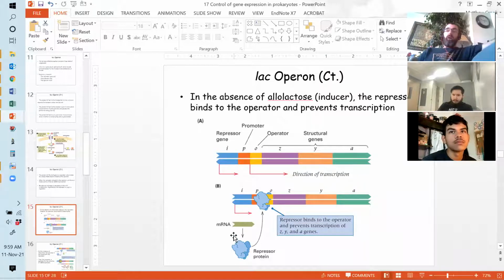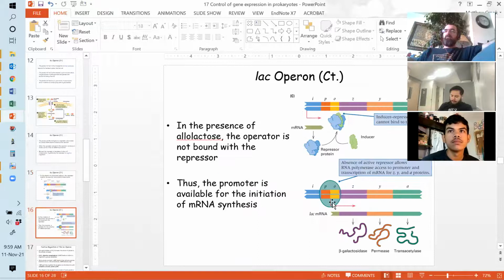Now, if you are on lactose as a bacterium, then you want the option to be able to express this LAC operon, right? No, we haven't talked about glucose yet. We're going to talk about that in a bit. And so when lactose is present, now the repressor LAC-I can be induced to leave.